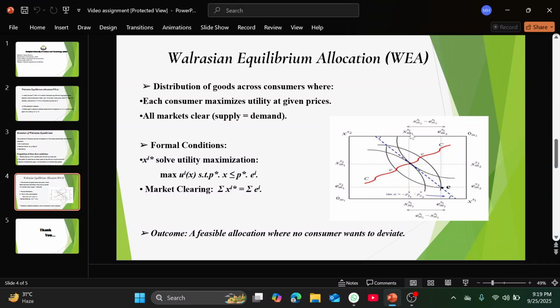In this figure, OM1 to EM1 is the endowment of the first person. Here OM1 to XM1 is the total consumption level of the first person.